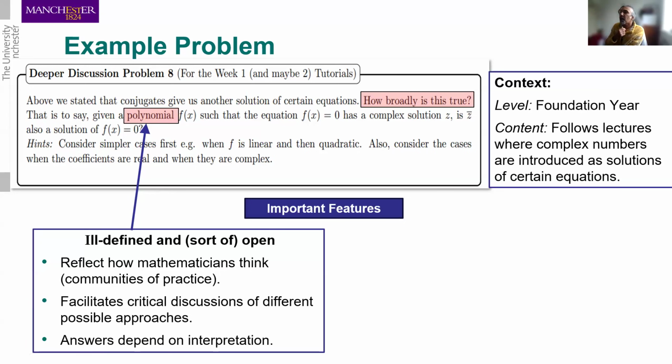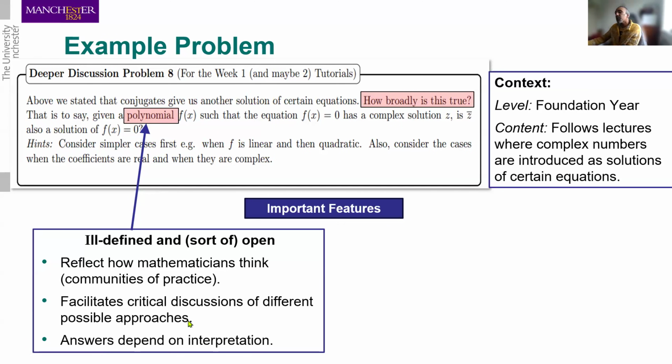But of course, we think in broad terms like this, and then we try to think of specifics, going from a broad, maybe vague question to more concrete questions. So this is trying to replicate that authentic spirit of question asking that we have as mathematicians.